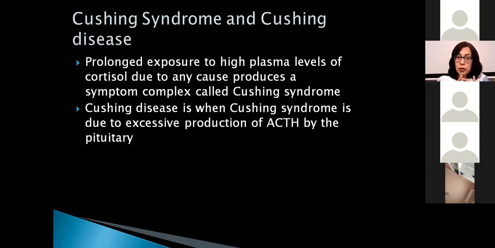Then it is called Cushing disease. So this is the difference between Cushing syndrome and Cushing's disease. If you have not understood, please ask me on your chat or on your mic.